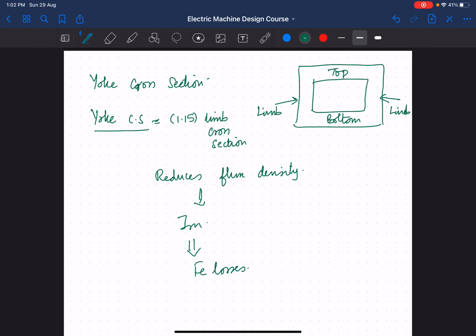Okay, so here you can have a higher and increased cross-sectional area, since you know that there are no windings on the yoke.